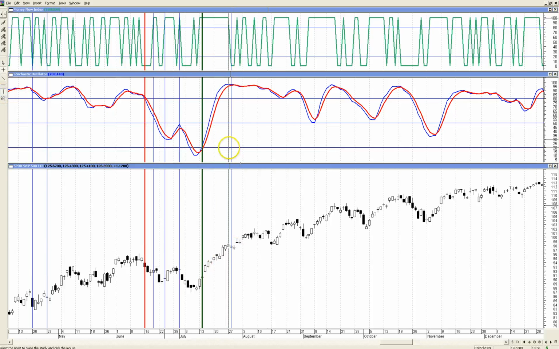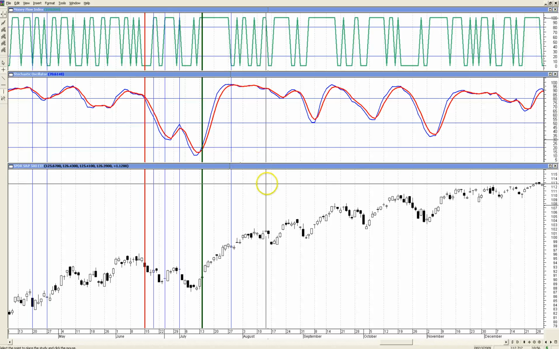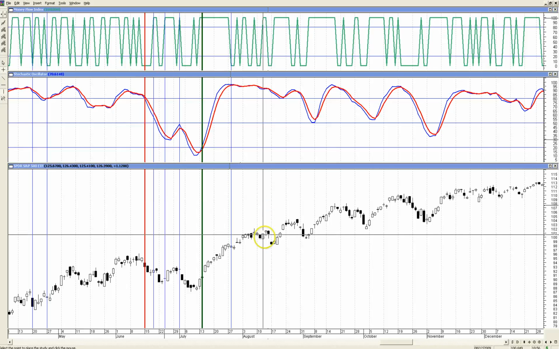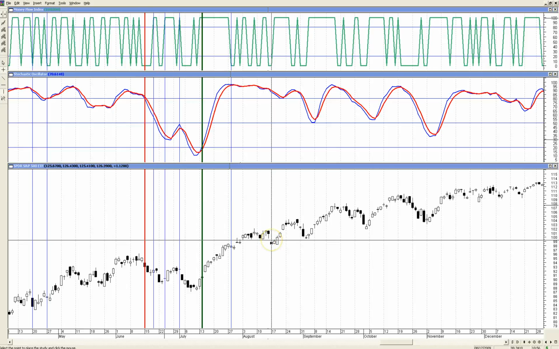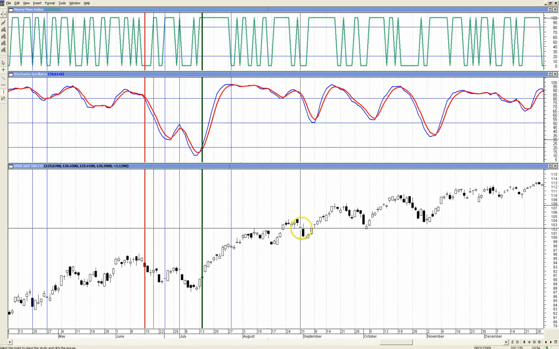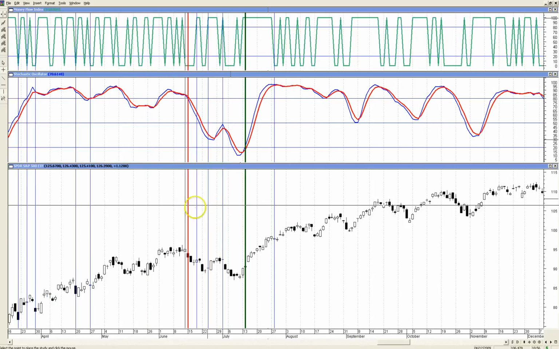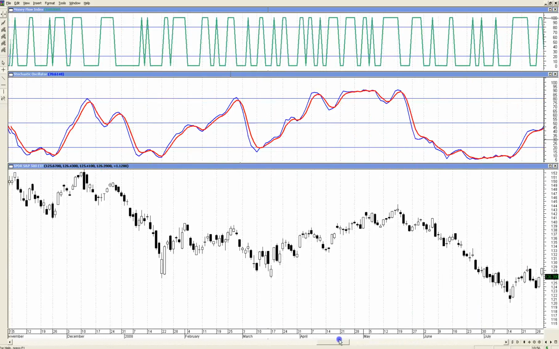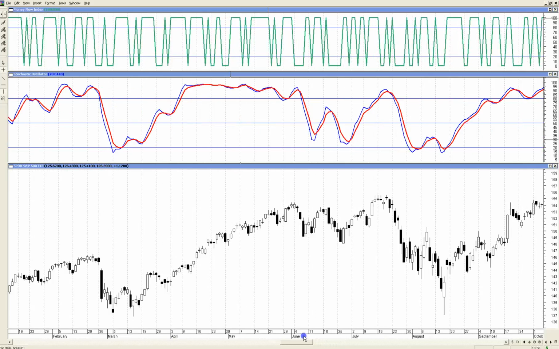Right there, and then there's a whole bunch into here that you see all throughout here. This one was, again, if you got a little early into this one, and so on. So that is just some more examples of how to combine a stochastic with some strength.